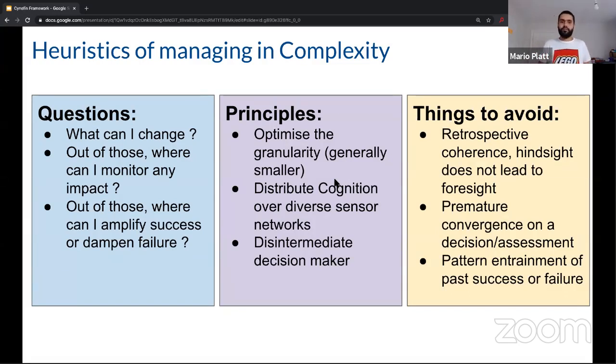Because the system doesn't afford us to make them. So the other thing to avoid is premature convergence on a decision or an assessment. One of the things that we're going to talk about in the domain models is how, because we're doing, ideally in complex systems, multiple safe-to-fail experiments, we should not allow it to go into the complicated domain, meaning constraining it more, because we want to make sure that we fully understand the things that modulate the changes that we're making.